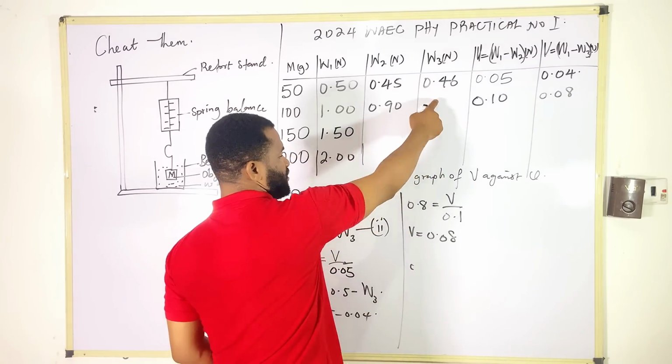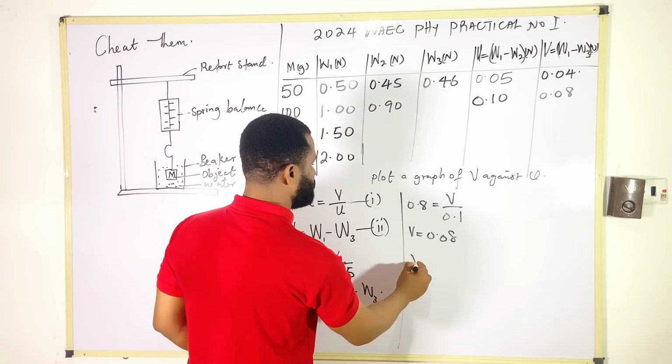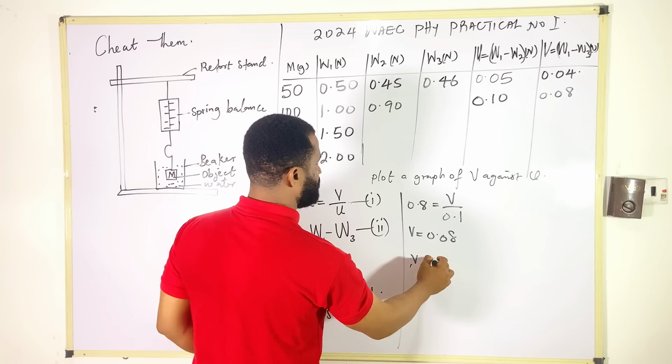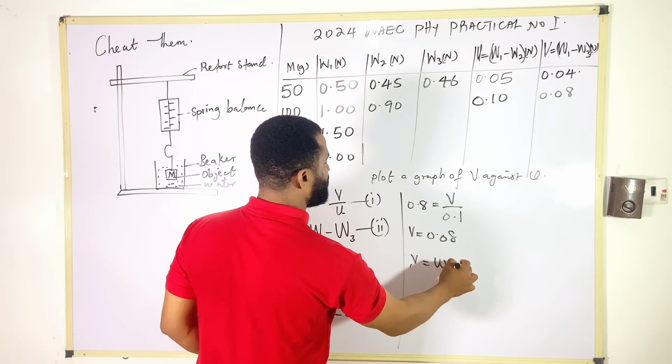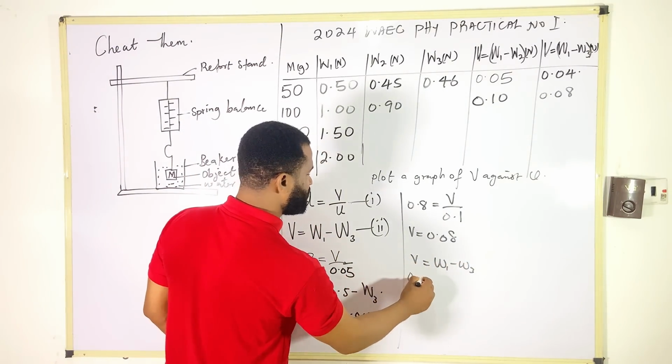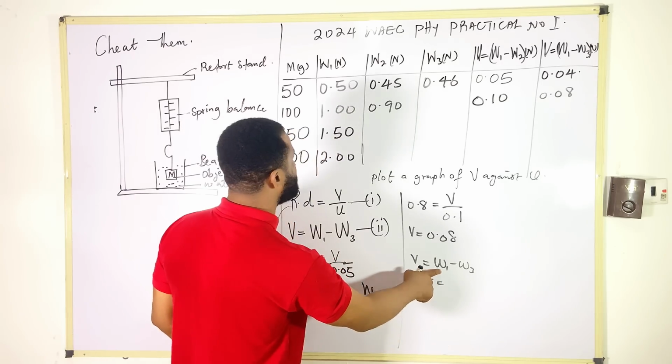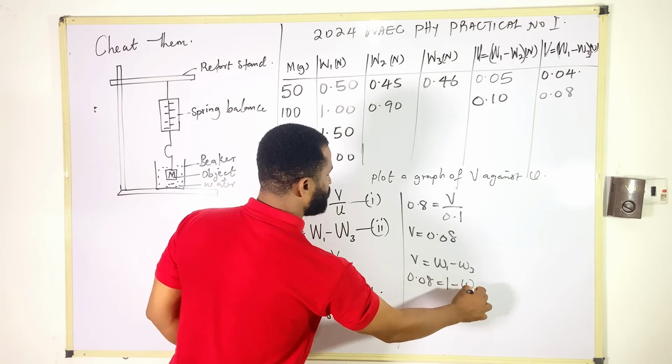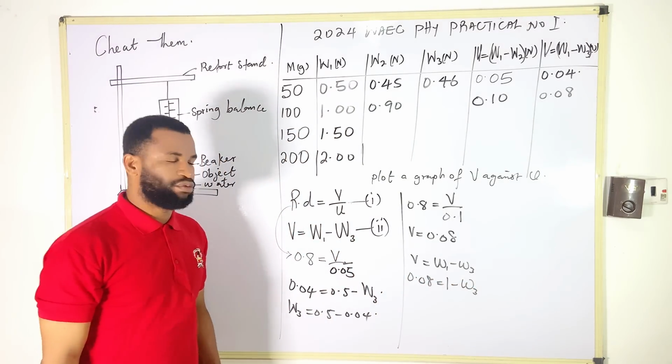Now, to get this part, I'll say that V is equal to W1 minus W3. So this V is 0.08, which is equal to weight in air, which is 1, minus weight when immersed in water.